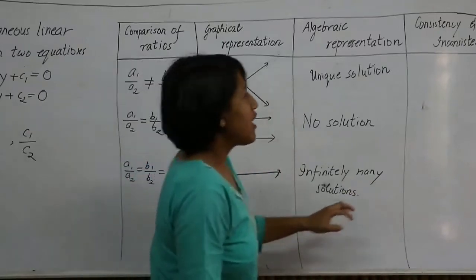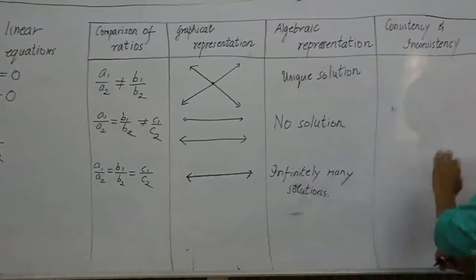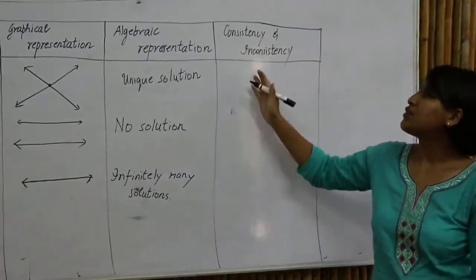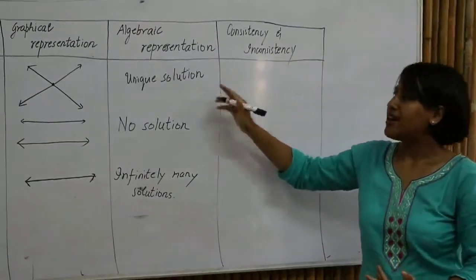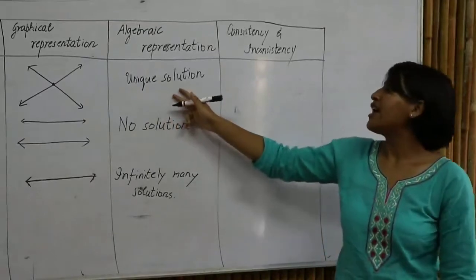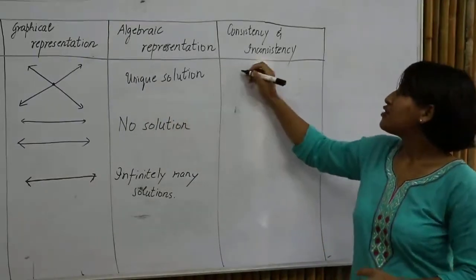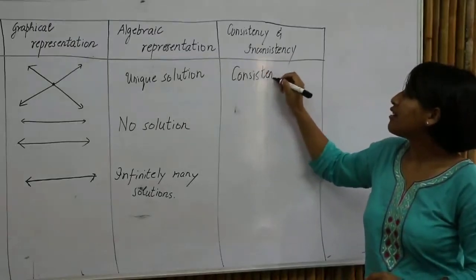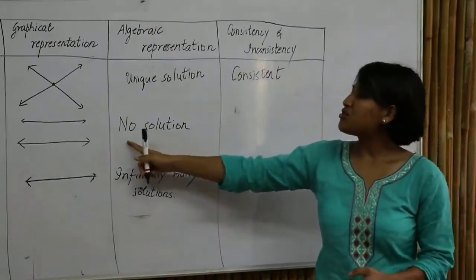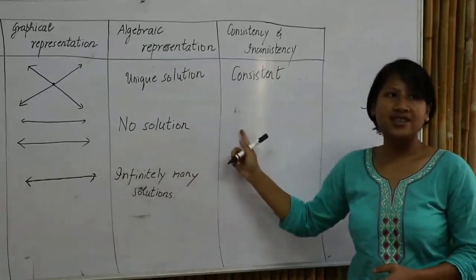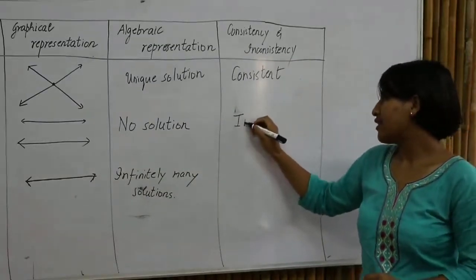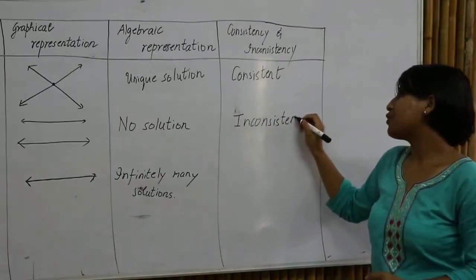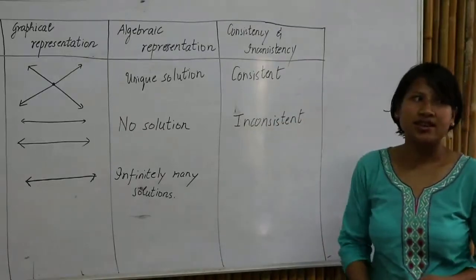Now, consistency and inconsistency. Consistency means a system of linear equations which has at least one solution. In this case, it has one solution, so it is consistent. Now, when it has no solution, we say that it is inconsistent. The system of linear equations is inconsistent.